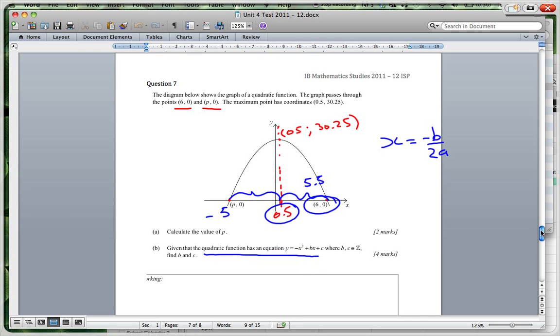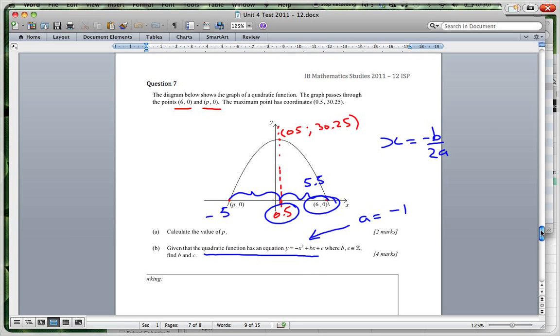When I look at this graph over here, what is my a in this graph? A equals, not 1, close, negative 1. Here, the a is always the number in front of the x squared, so it's negative 1.